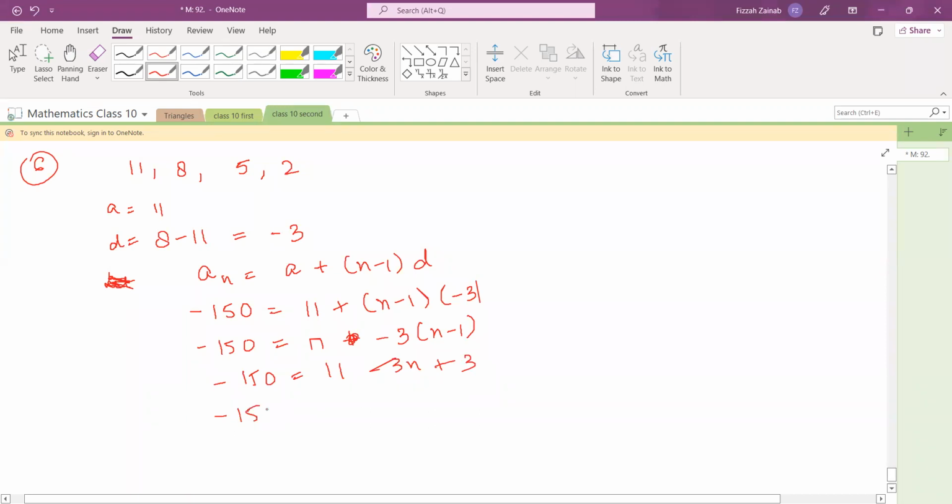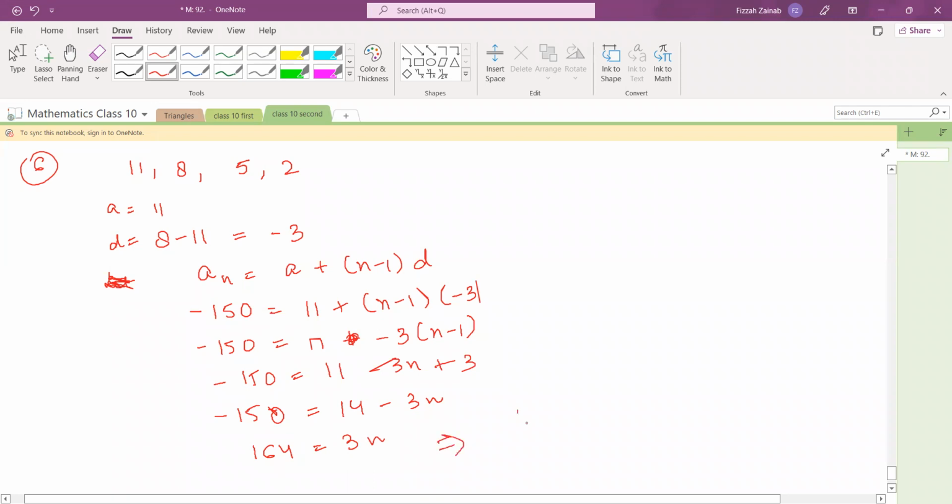So minus 150 is equal to 11 plus 3 is 14 minus 3n. So you bring it here. So 164 is equal to 3n, right? No, 160. Yeah, I think right. Okay.